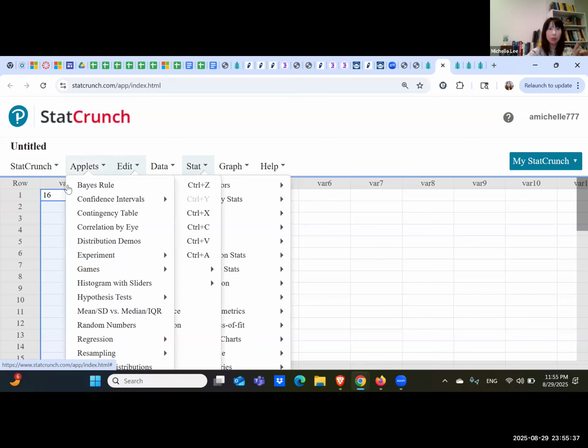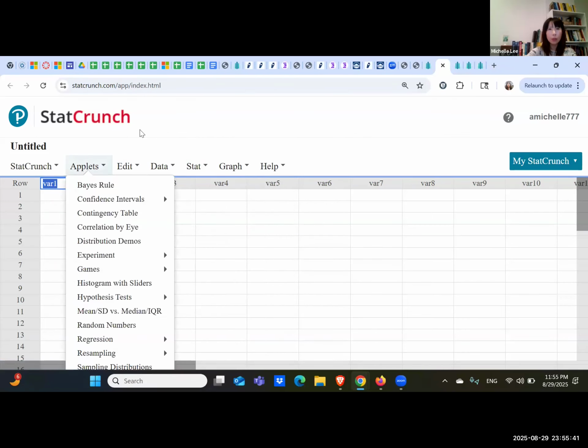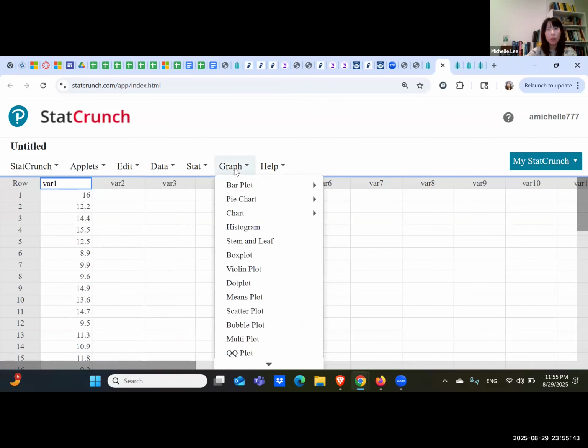Okay, so average poverty, this one. You can write down the title here if you want. We're going to make a stem and leaf plot, so Graph, Stem and Leaf. Click that.